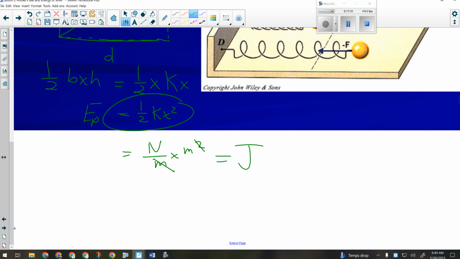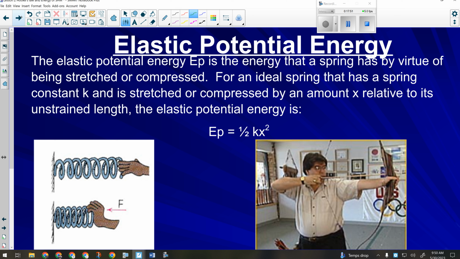Just like a pendulum converts gravitational potential energy back and forth, a mass on a spring converts elastic potential energy to kinetic, back and forth. So the law of conservation of energy still applies. It's just that instead of gravitational, now it's elastic. But it still sets up the same way it did back in the other unit.